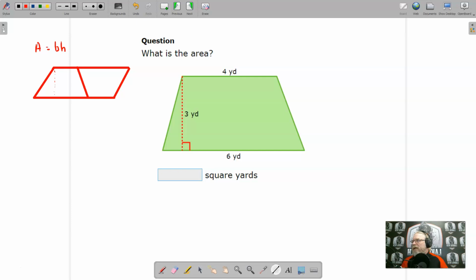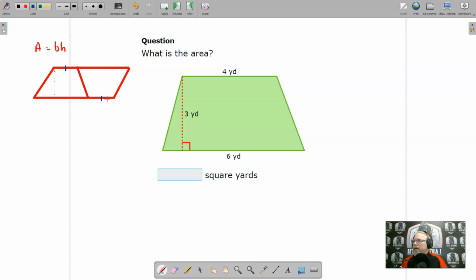It does look about the same, right about there. I think that looks pretty doggone close. So if I did that, then I would end up with two figures that look just like what we have here, which is a trapezoid. Okay, so this is a trapezoid here, and this side, I'm going to change my colors.